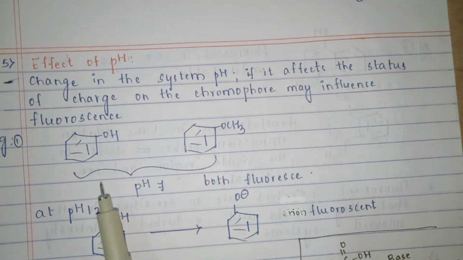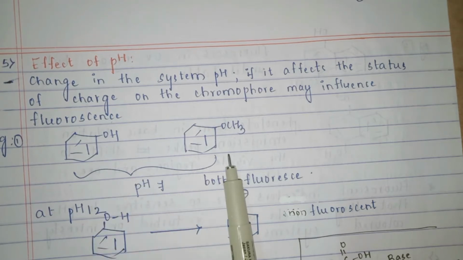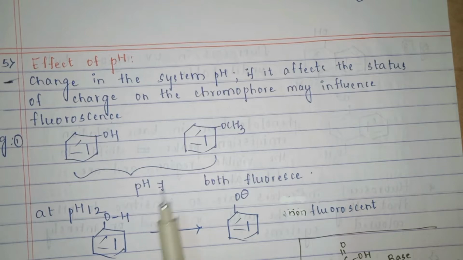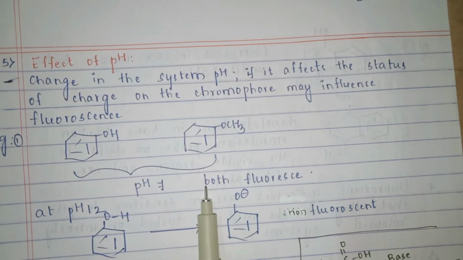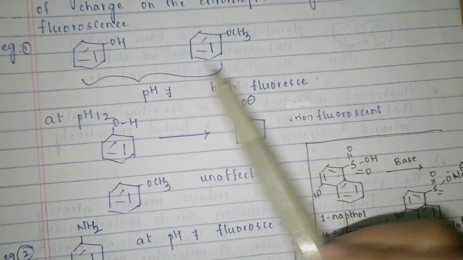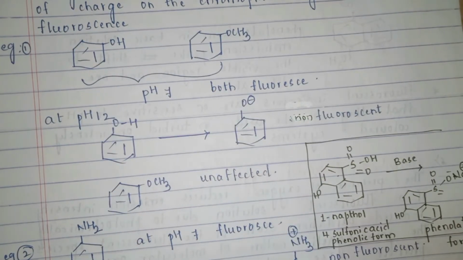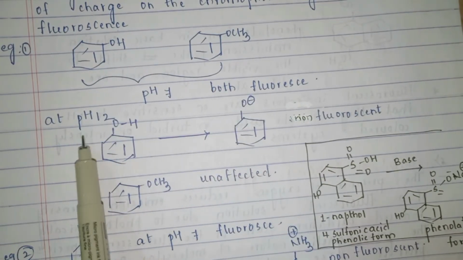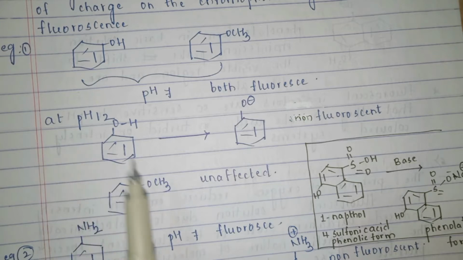Now let us look at the example of phenol and anisole. At pH 7, both of these systems fluoresce. At pH 7, meaning it's a neutral system. But once I put these molecules in a basic medium, that is, at pH 12, meaning we add a base to this system, then what happens for a phenolic system is this proton gets abstracted.